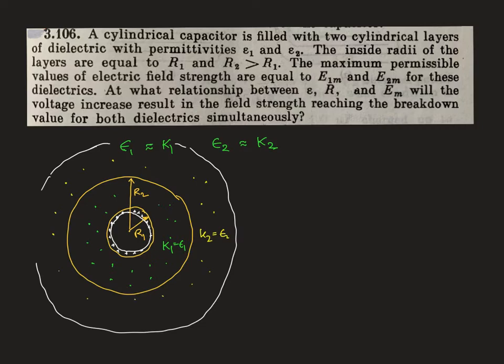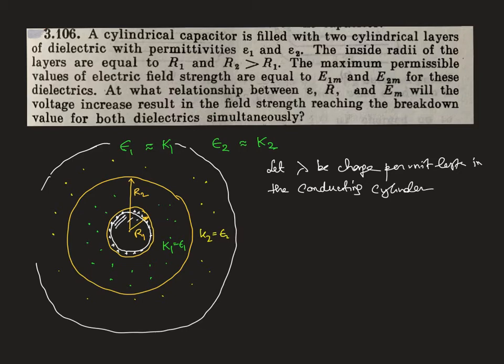Now let we can write, let lambda be charge per unit length in the conducting cylinder. So this inner one, this hashed one, is the conducting cylinder.